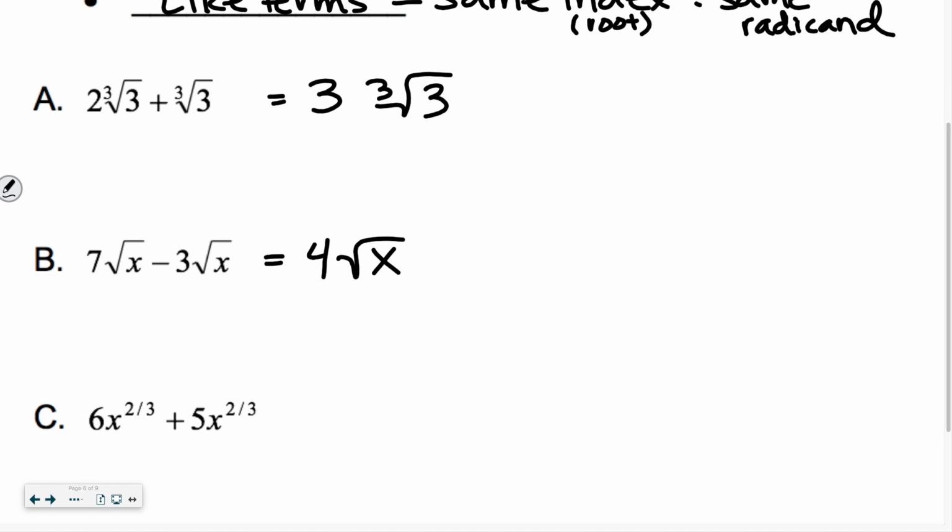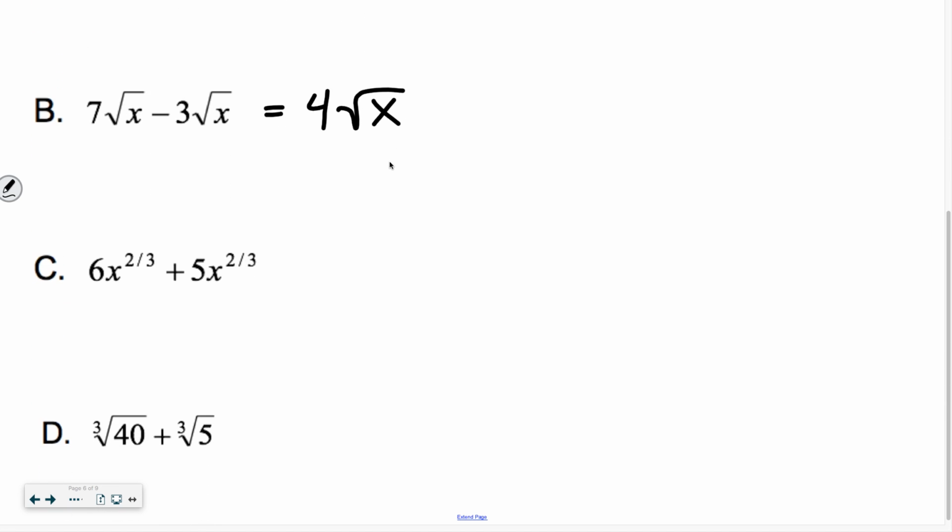Maybe I was walking down the aisle, I put 7 square roots of x into my cart, and I thought, you're getting a little bit ridiculous, Ms. Cronk. You put 3 of those back. So now I only have 4 in the cart. Okay. C, 6x to the 2/3 plus 5x to the 2/3. I have 11x to the 2/3.